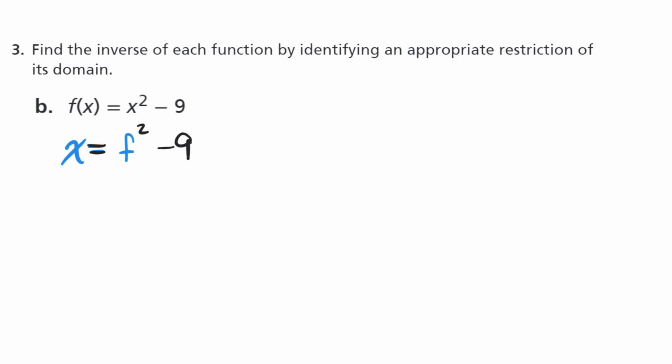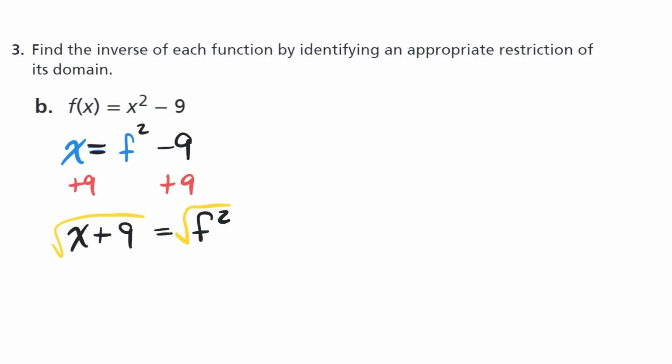Again, we take care of the outermost things first. So the outermost thing we see here is actually a minus 9. We take care of that by adding 9. So on our left side, it's going to be x plus 9 equals f squared. And the way we get rid of a square is with a square root.